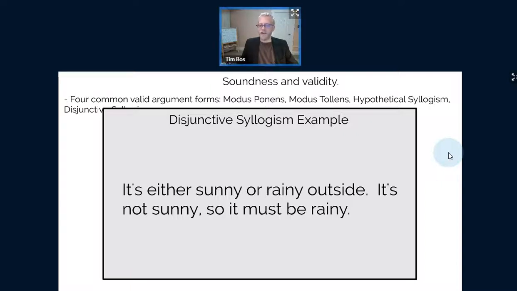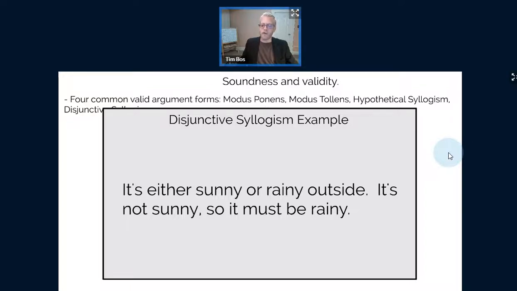So, and again, you might think, well, what if there's other options besides being sunny or rainy or something like that? Yeah, but in the premise, we're not saying that there's other options, right? And so you always have to imagine the world that is described by the premises. The premise clearly says it's either sunny or rainy, and there are no other options, right? So given that that's what the premises say, you have to imagine the world as the premises say.